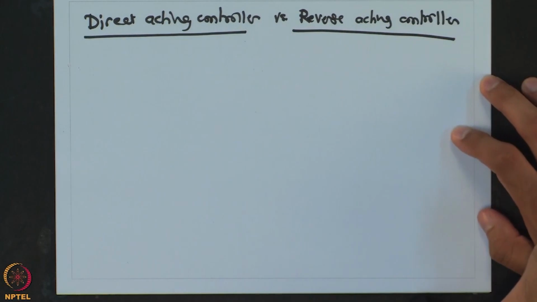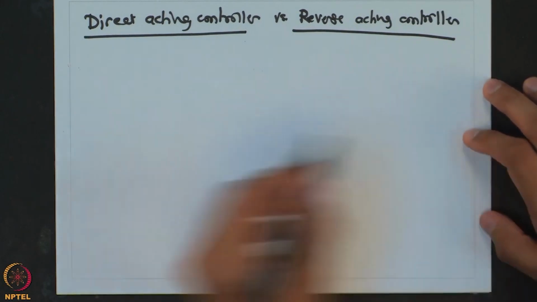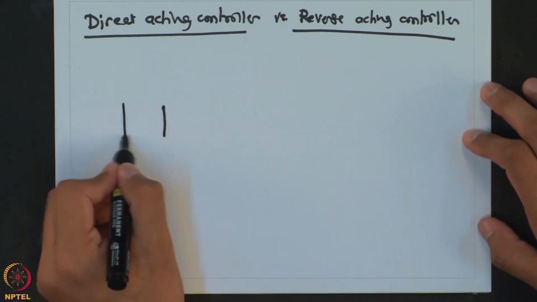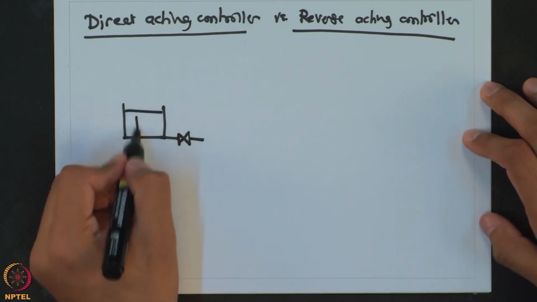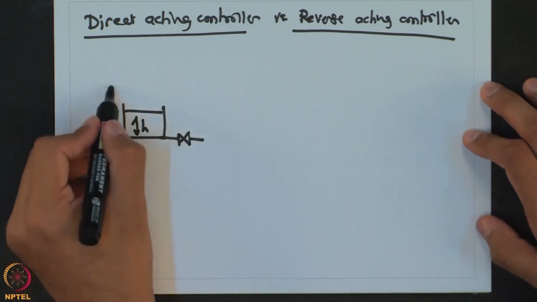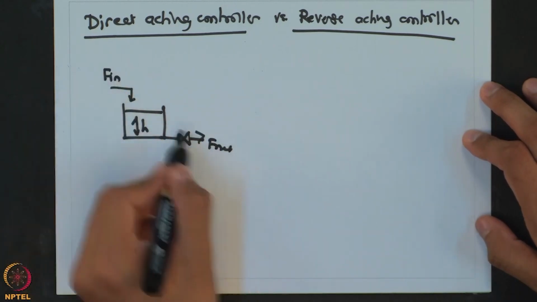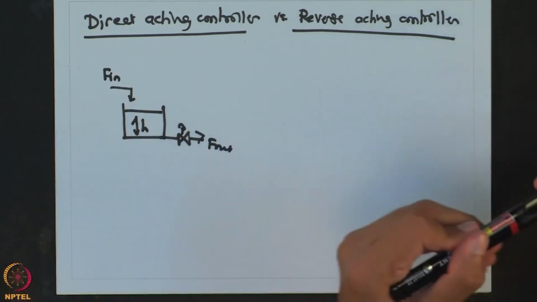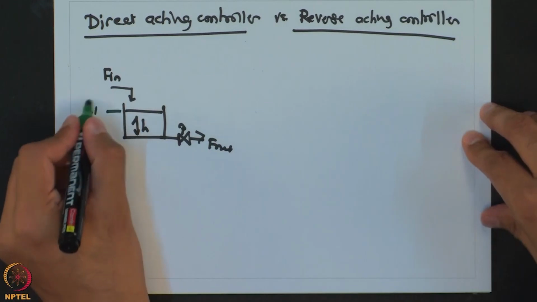In order to motivate these, let me consider two implementations of feedback control. The first one is the same as what we had looked at just a while back. It is the feedback control of level. We are trying to control this level, and this is the disturbance. The way we do it is we first measure the level.